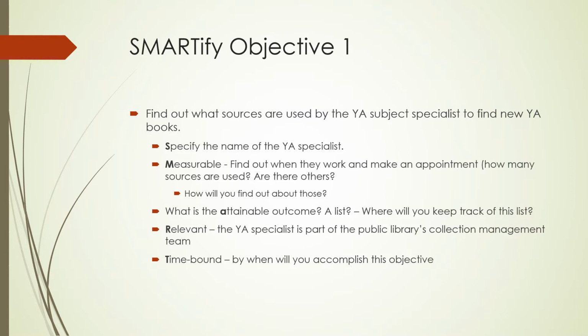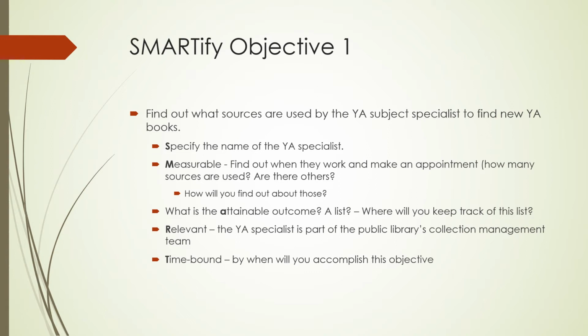Okay, so back to our SMART. It's specific, it's measurable. What's the attainable outcome? Well, it's going to be possibly a list. How are you going to keep track of that list?